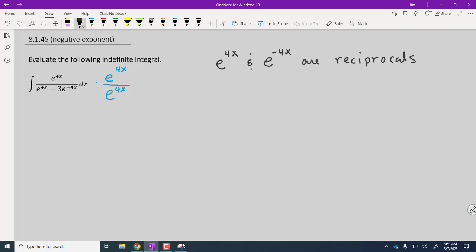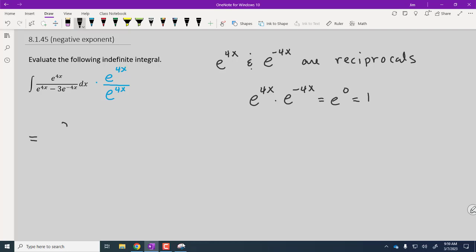That's what reciprocals do. 3 and 1/3 are reciprocals. They multiply to 1. 5 and 1/5 are reciprocals. They multiply to 1. If you multiply e to the 4x times e to the negative 4x, this is equal to e to the 0, which is 1. So those are reciprocals. So you take the exponent, make it positive, and all of a sudden you have your reciprocal. That makes sense? The reciprocals always multiply to 1.